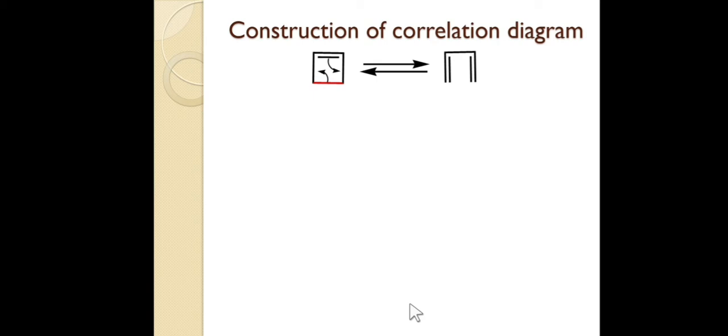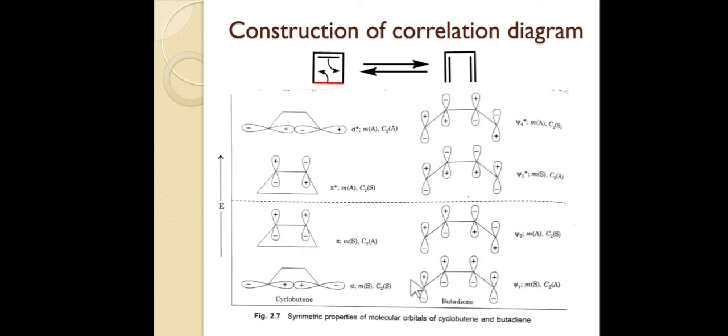We need to draw two separate columns for the reactant molecular orbitals as well as the product molecular orbitals according to their relative energies, and give the symmetry element for each and every orbital. This is how we can draw the molecular orbitals, and according to their symmetries we can classify each and every molecular orbital.